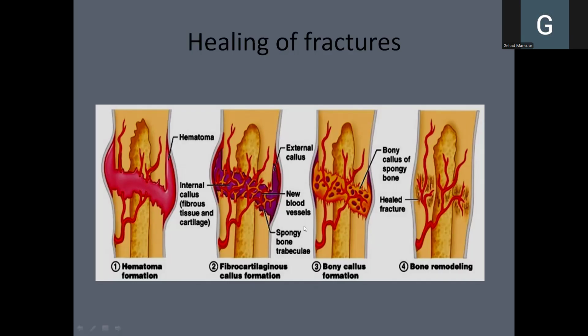Here we have an internal callus that lies between the bony ends, but we also have the part that extends beyond the periphery of the bone, which is called the external callus.